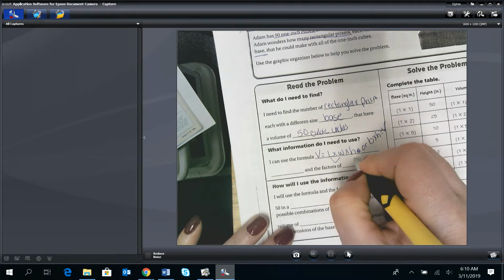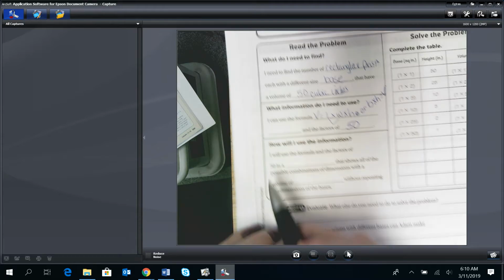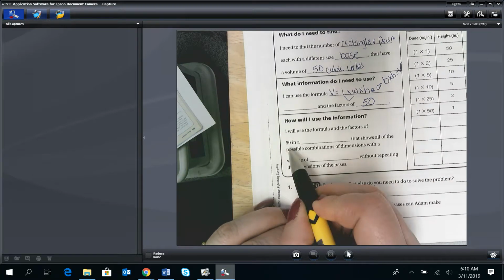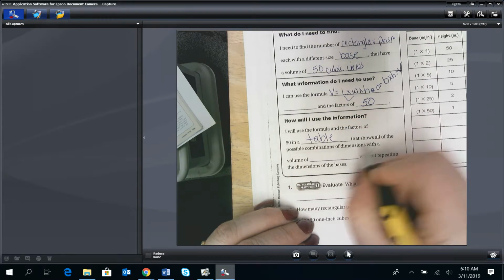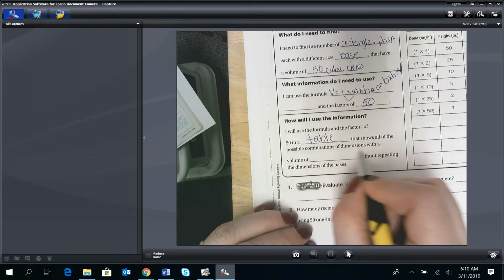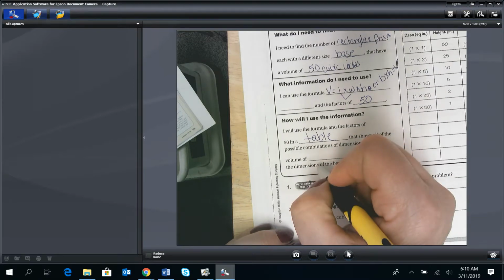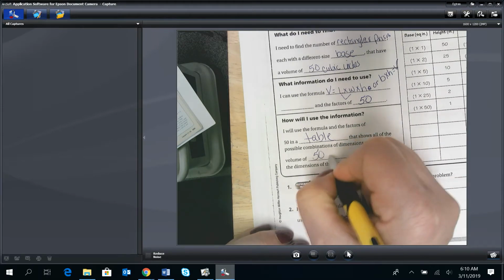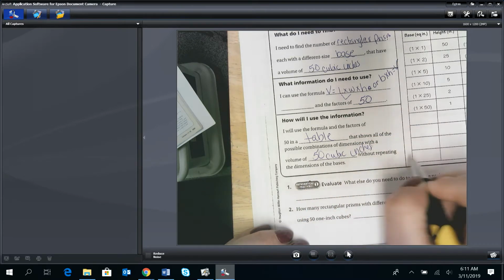So the factors of 50 will make a difference. I will use the formula and the factors of 50 in a table that shows all of the possible combinations of the dimensions with the volume of 50 cubic inches without repeating one of them.